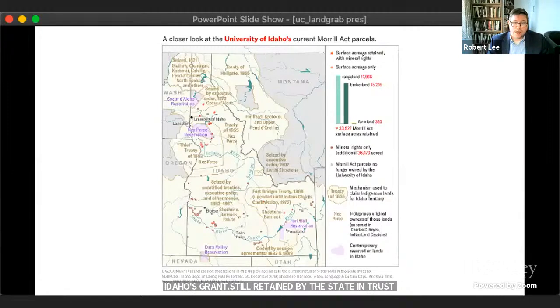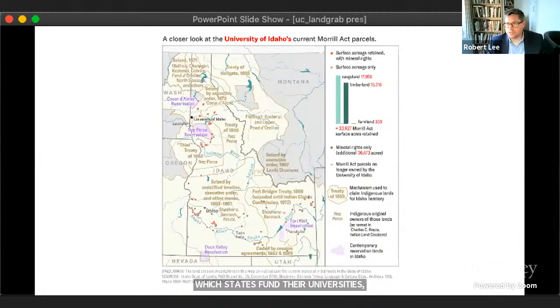This land was taken from the Shoshone, the Nez Perce, the Coeur d'Alene, and others between 1855 and 1873. Treaties that were never agreed to. In the Nez Perce case, these treaties reduced their territory by upwards of 90%. And you can really see how this is continuing into the present and has been grandfathered in to the processes through which states fund their universities in the West.